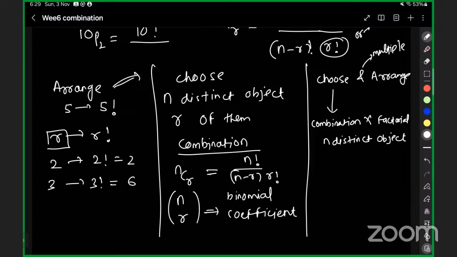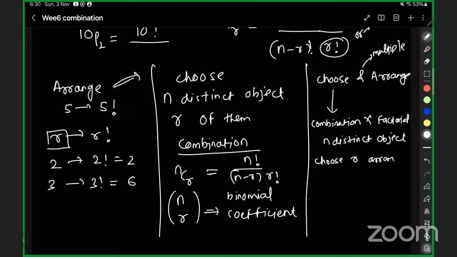What you can do is choose both of them, and then you say you are captain, you are vice captain. So choose first any two people, and then assign them. Only two you have to arrange, nothing more. So what we have to do is take n distinct objects, choose R, and then arrange R.